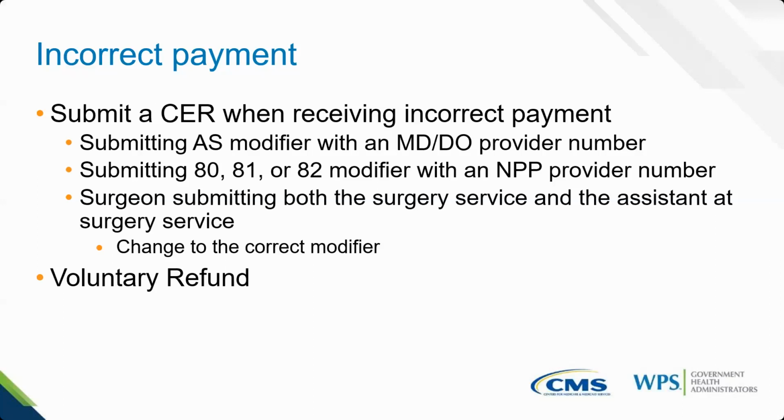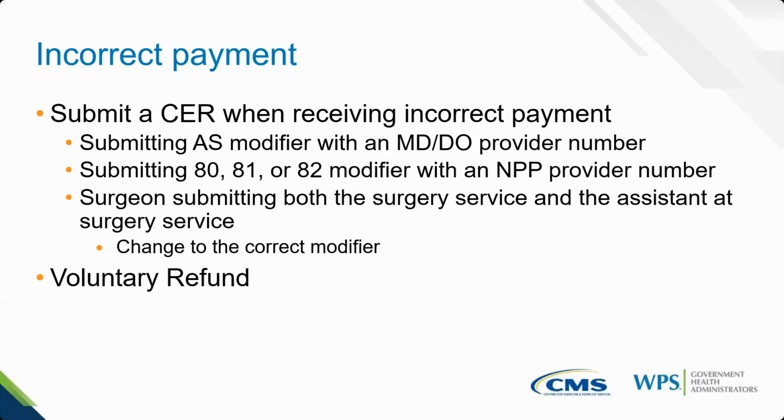So what we're asking you to do here is really to do a self-audit, to go back into your files to verify that you have billed appropriately. And this really becomes important when you have used the assistant as a non-physician practitioner and you have used something other than the AS modifier. The payment amount on that is incorrect.